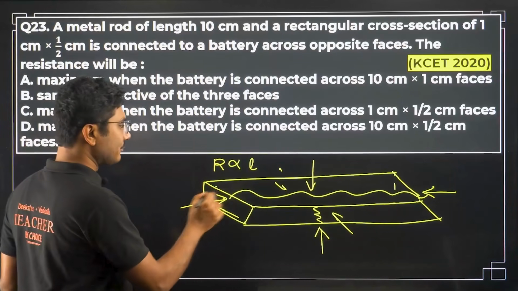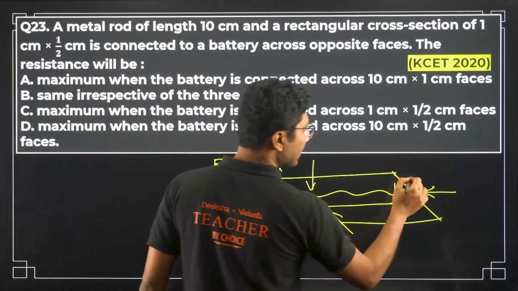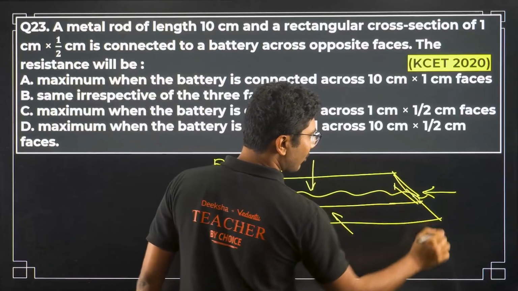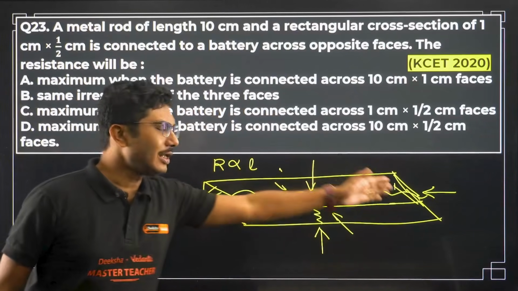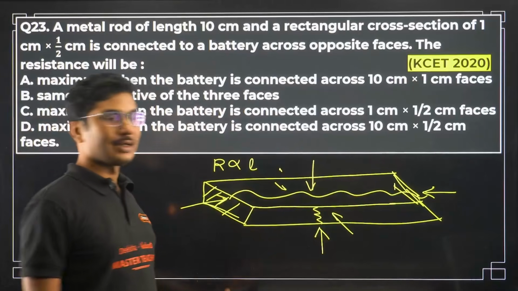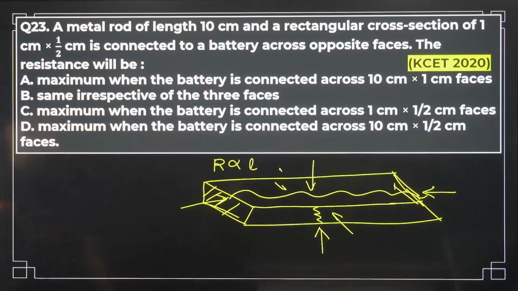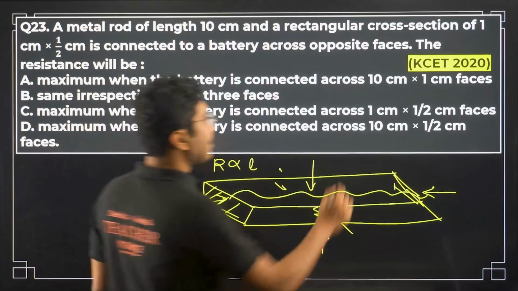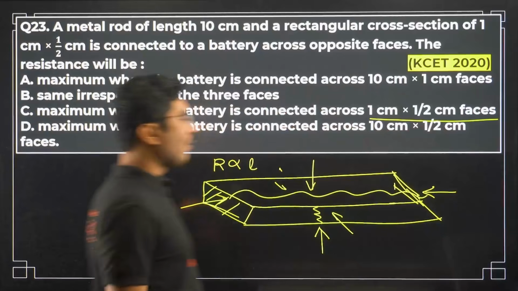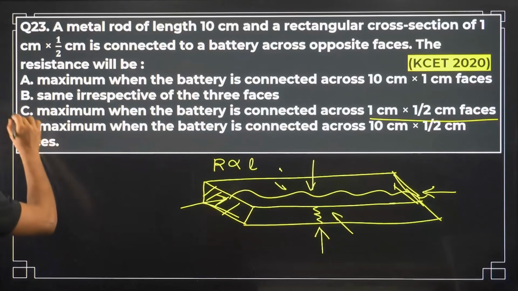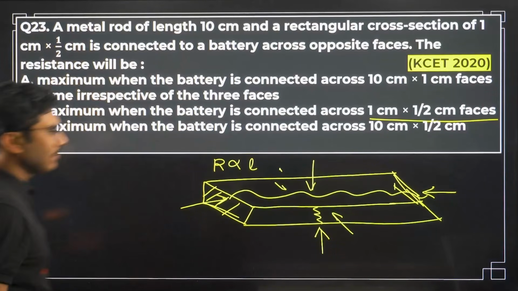So in this case you see that these two are the smallest areas, and this is also the longest length. So these are the sides where we want to connect. The resistance is maximum when the battery is connected across the 1 centimeter times half centimeter faces. You can read the question once more and understand it.